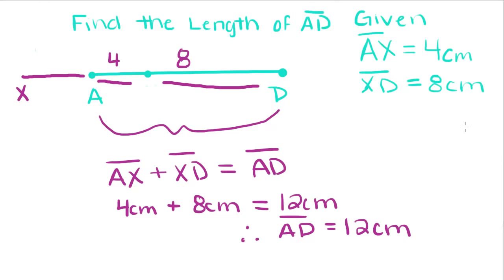And this makes sense if you think about it, because if you had a pizza and you had this much of a pizza, say this is 1/4 of a pizza, and that's how much was eaten.